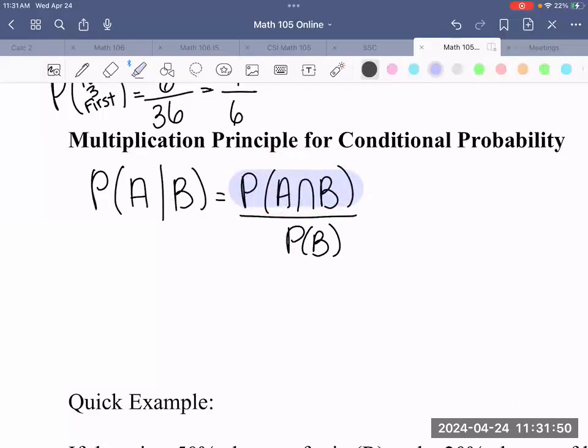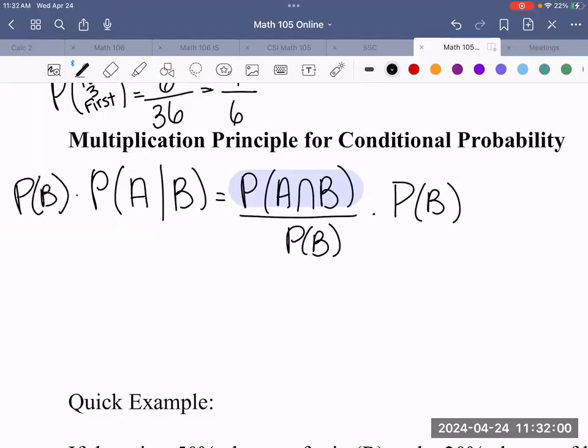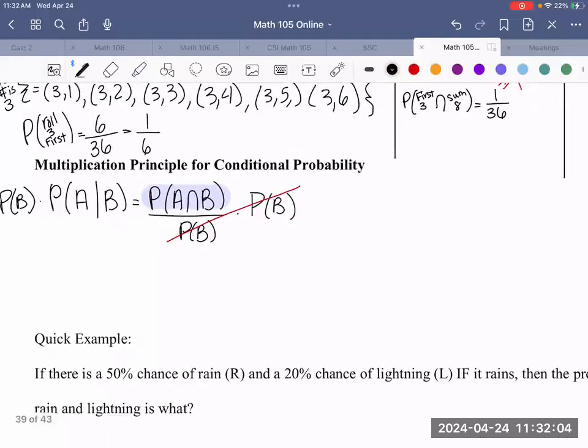This is what we need. So we need to do a little bit of algebra and multiply the probability of B to the other side. This will cancel with this one, so that if we have any sort of condition that needs to be met and we don't have the and portion of it, then we can certainly build your equation.